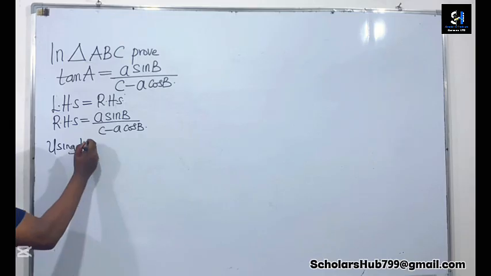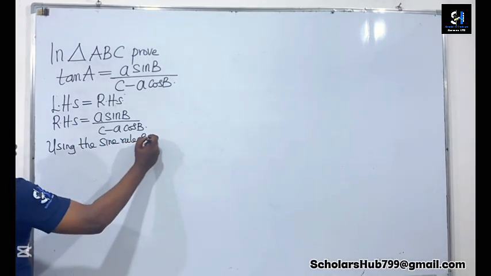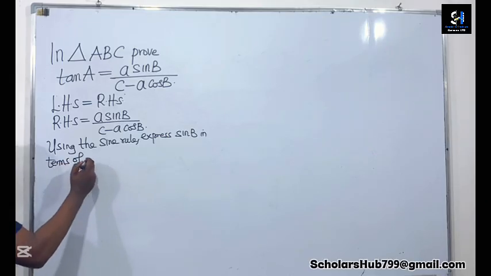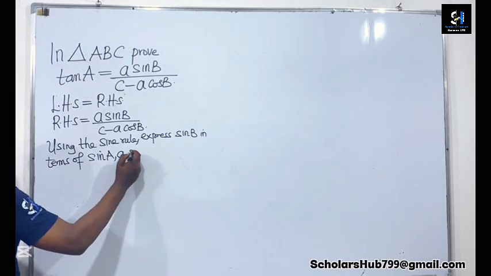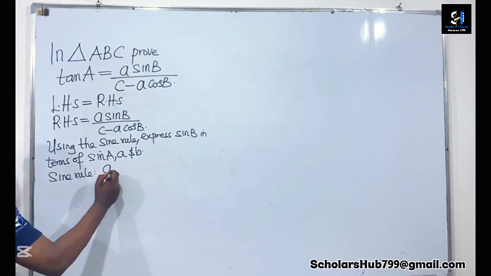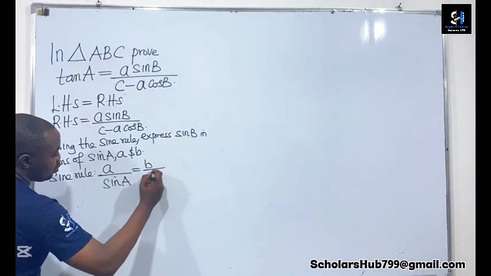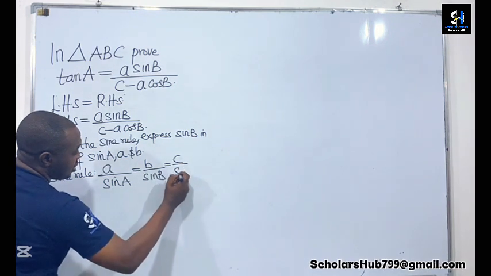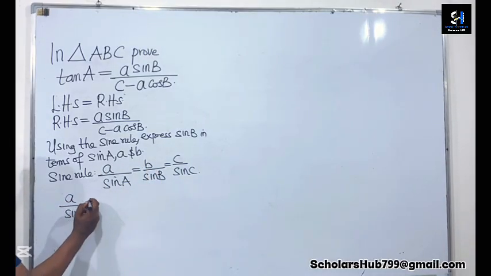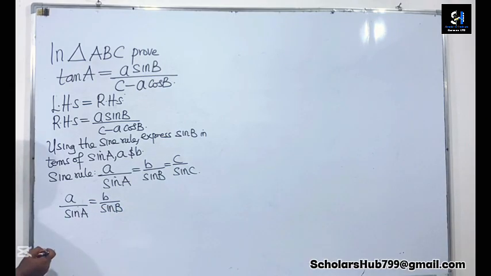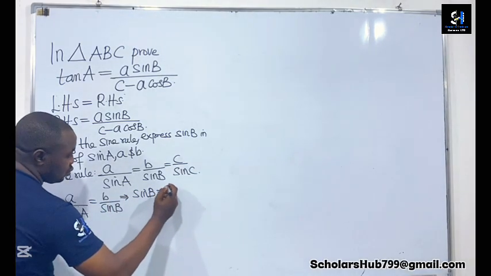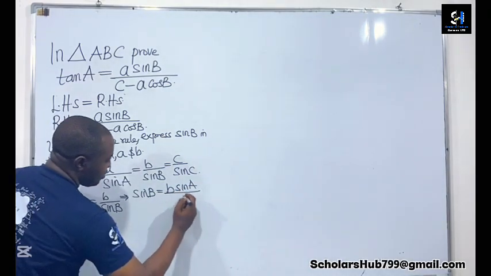The sine rule states that a over sin A is equal to b over sin B, which is also equal to c over sin C. So I'm going to bring out this equation, a over sin A equals b over sin B. From this equation, sin B will be equal to b sin A divided by a.